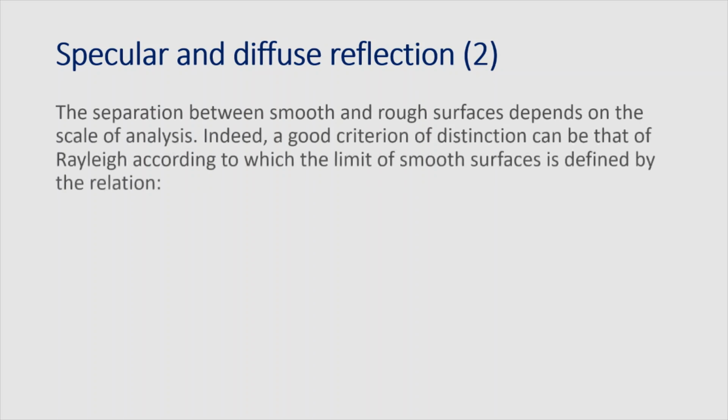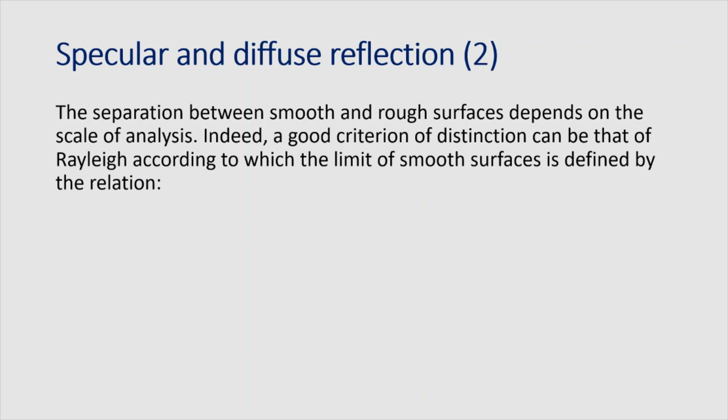In order to apply these things to our cases, to the remote sensing cases, the separation between smooth and rough surfaces depends on the scale of analysis. Indeed, a good criterion of distinction can be that of Rayleigh, according to which the limit of smooth surfaces is defined by this relation.